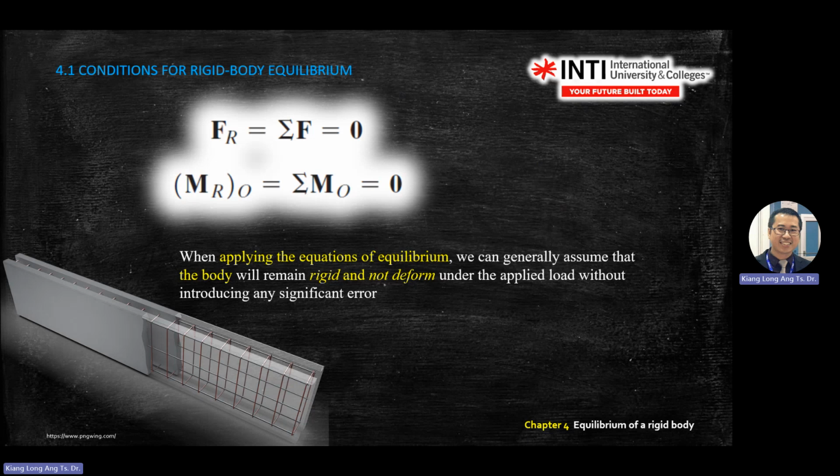So why the value is different from your experimental data, is because in theory, in equation, we assume body remain rigid and do not deform. There's no loss of energy there. Right?